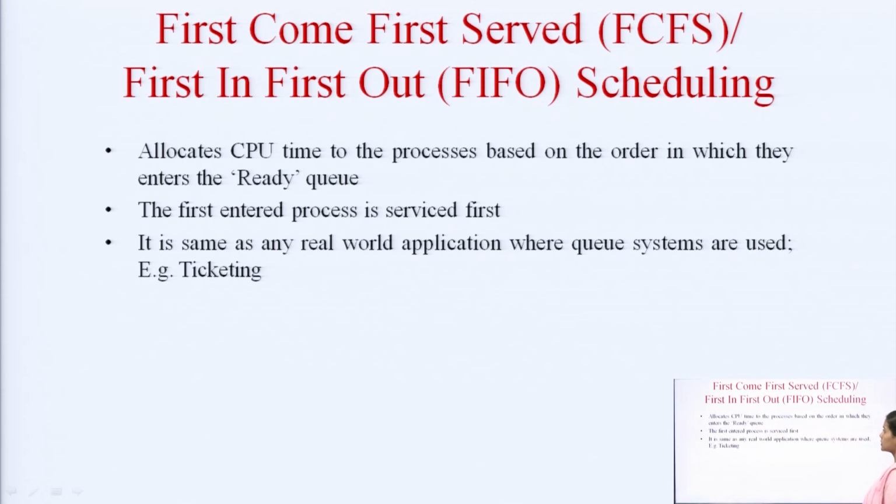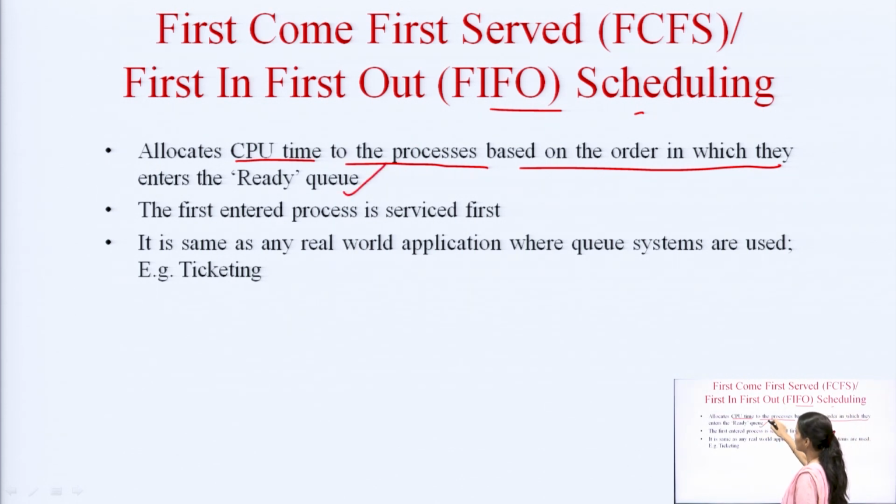Firstly, we will discuss the very common and very first scheduling scheme, that is first come first served, FCFS, or we can call it first in first out, that is FIFO scheduling. This type of scheduling allocates the CPU time to the processes based on the order in which they enter the ready queue.